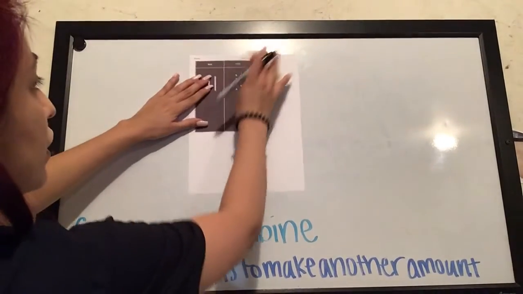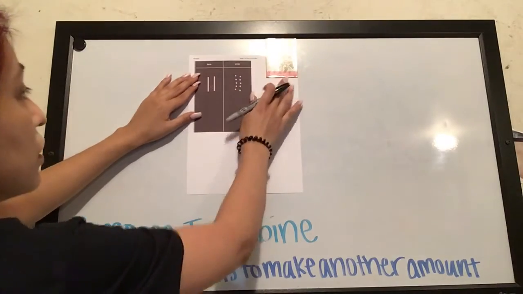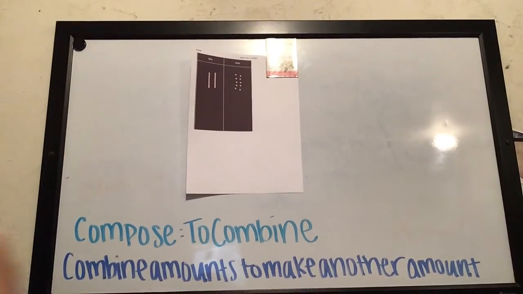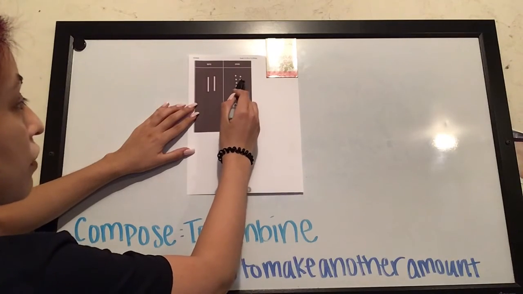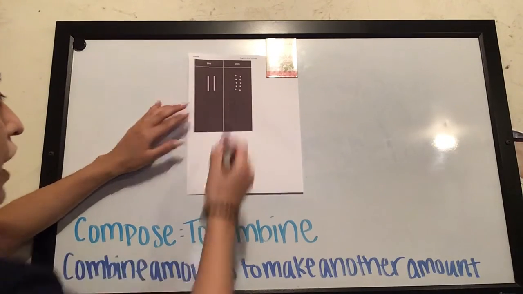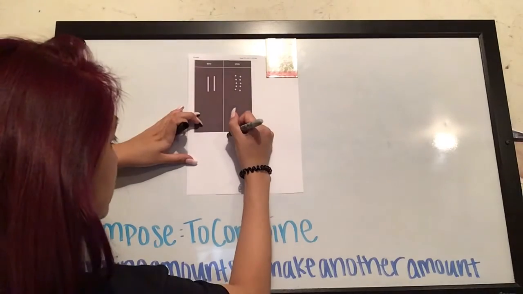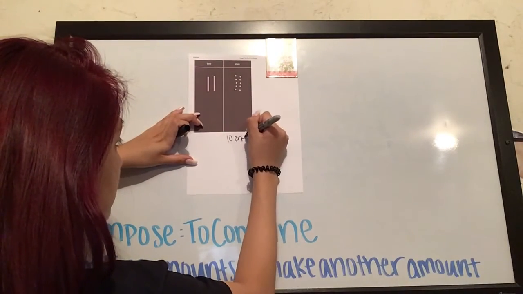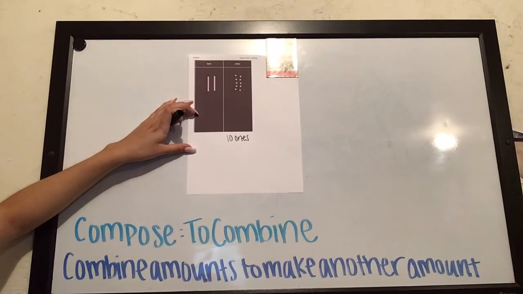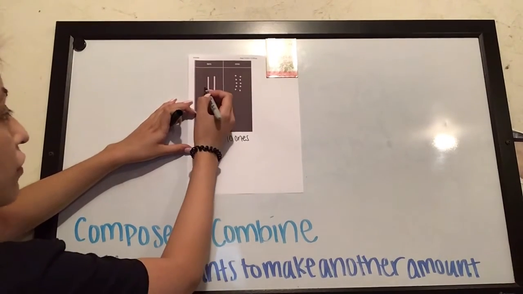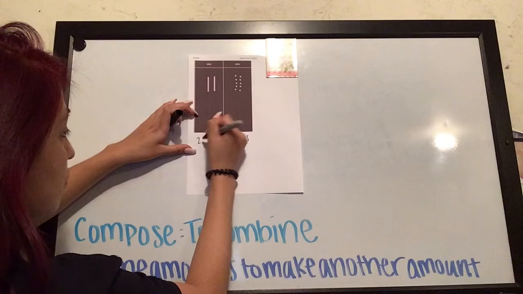Okay, this one's going to be a little trickier. So, how many ones do we have? Let's count them. 1, 2, 3, 4, 5, 6, 7, 8, 9, 10. So we have 10 ones. And how many tens do we have? We have 2 tens, right?